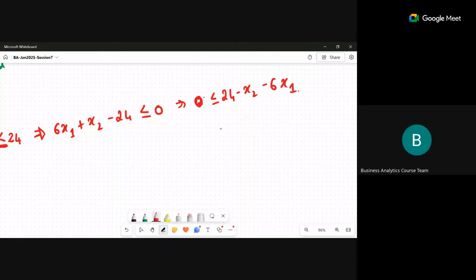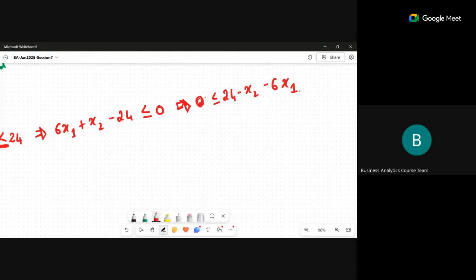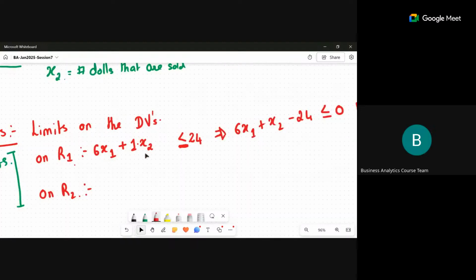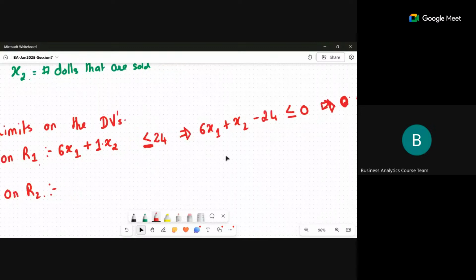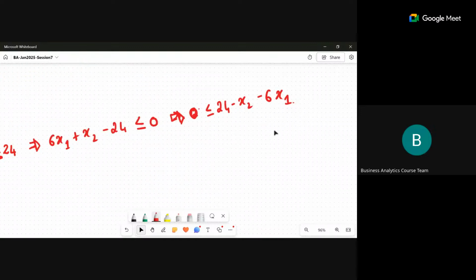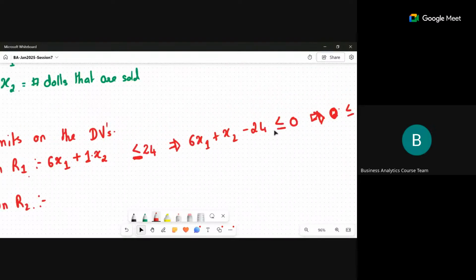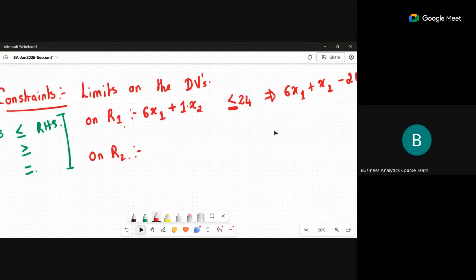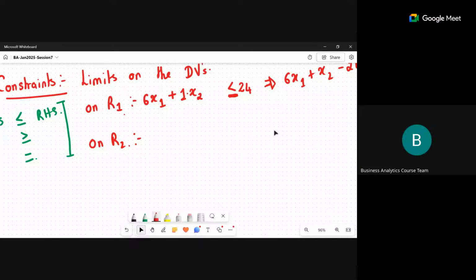This is also the same. Whether you write it as 6x1 plus x2 less than or equal to 24, or 6x1 plus x2 minus 24 less than or equal to 0, or 0 less than or equal to 24 minus x2 minus 6x1, all of them are the same thing. Remember that. I'm telling this for a very specific reason, which I'll come to later on. So this is the constraint on R1.